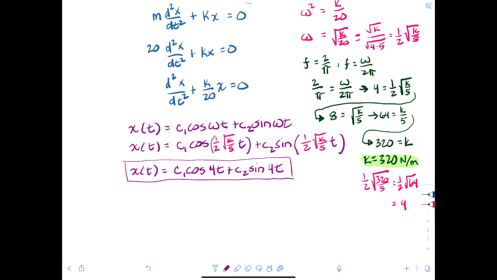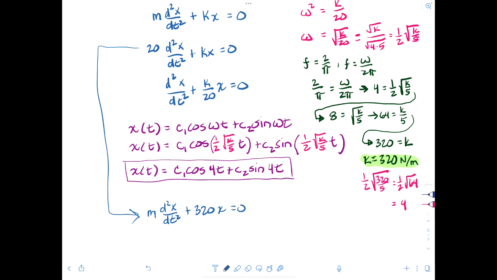Now it wants us to go and say, hey, what happens to this model, right? So let's actually plug that in here. So we now have this new model, which is actually going to be the mass times that second derivative of x with respect to t plus 320, because we found k, right, times x is 0.